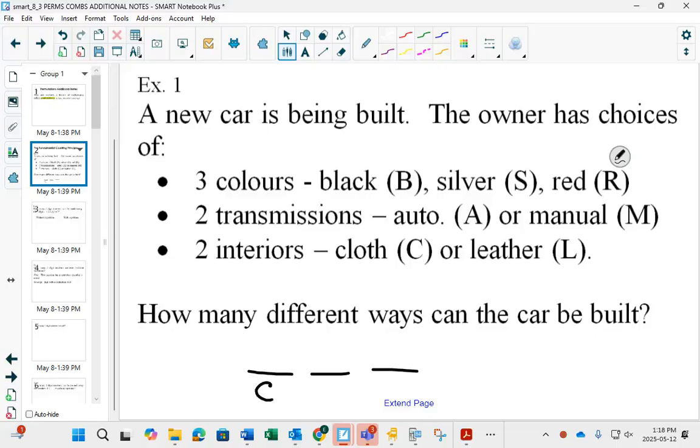So this would be colors, this is transmission, this is interiors, and then you have in each space the number of choices that you have. And with the fundamental counting principle, we multiply to get the total. So make your spaces, put your choices in each of those spaces, and then multiply to get the total.